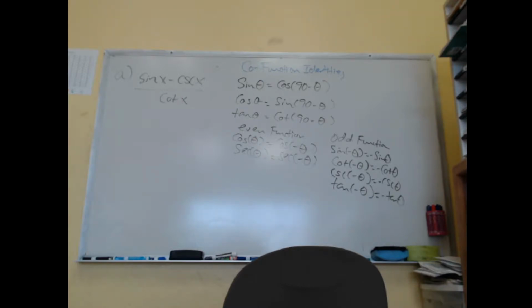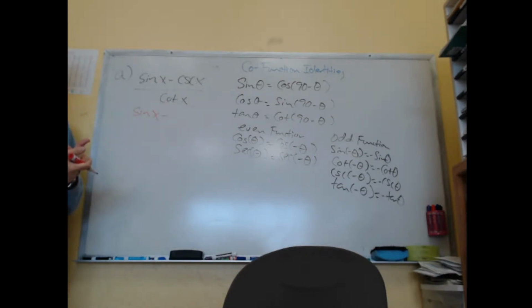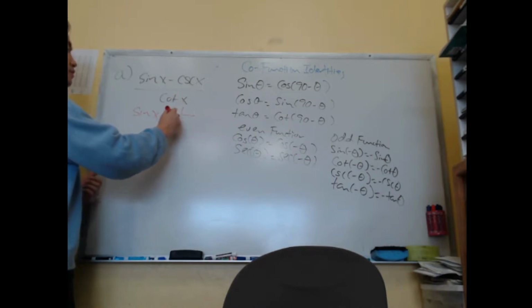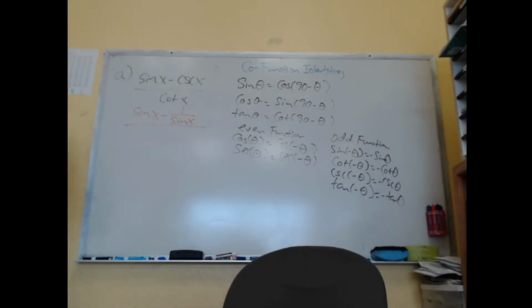Any trig identity that I can apply? Ratio, reciprocal. Well, sine, nothing we can do. Leave it. What's cosecant? 1 over sine. What about cotangent? Ritika, what's cotangent of x? Cosine over sine.